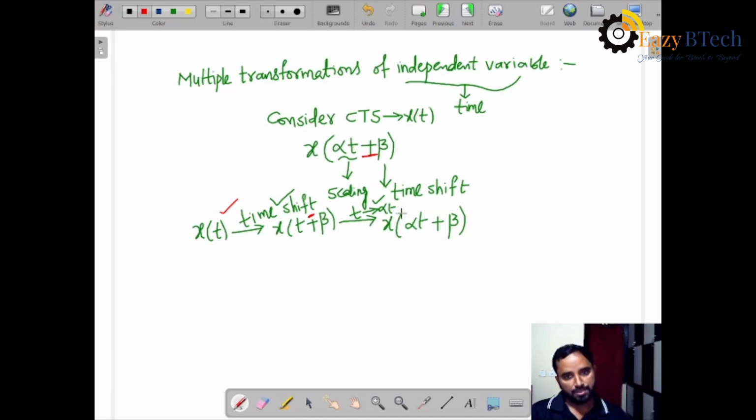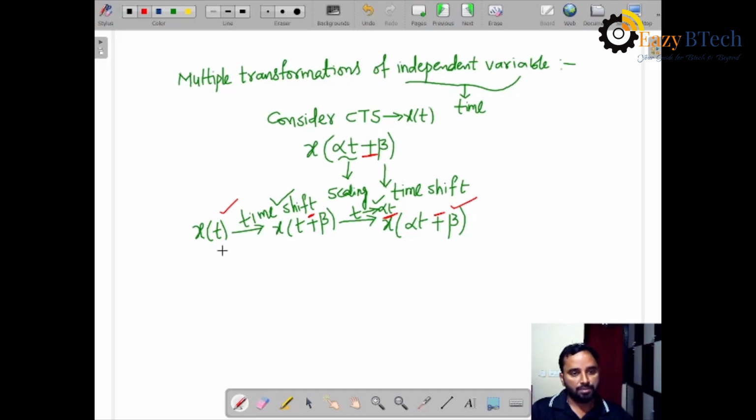After the time shift, we perform the time scaling operation, that is alpha t. Then we get the result x of alpha t minus beta. So we perform this multiple transformation of the independent variable by taking an example.